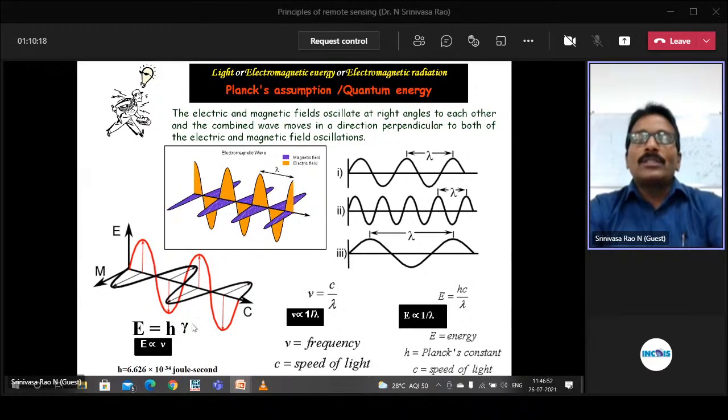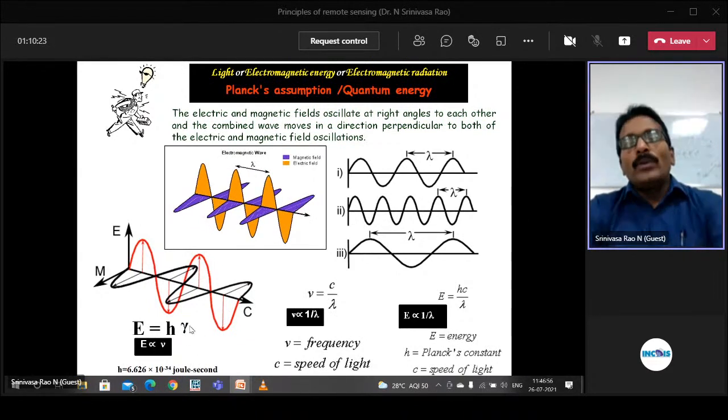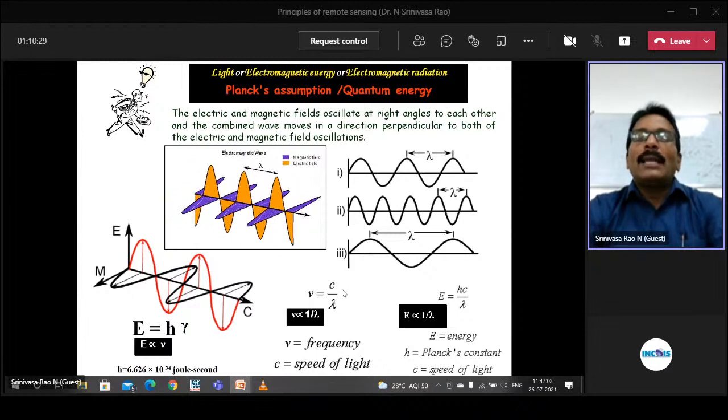Now in terms of frequency, we are able to convert this frequency into another equation: frequency equals c by lambda. What is c? It is the velocity of light. That is also a fixed one: 3 into 10 to the power of 8 meters per second.